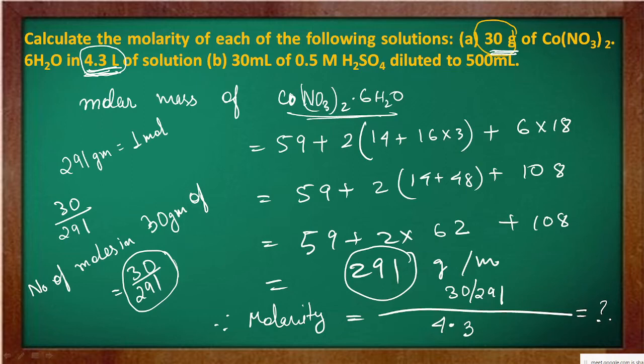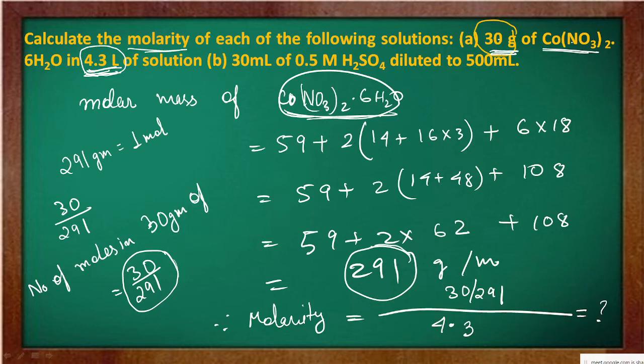Once again I am telling you, for calculating the molarity of this solution, cobalt nitrate, if we mix 30 gram in 4.3 liter of water, it is asked what will be the molarity. First of all we have to calculate the molar mass, putting the atomic mass of each of them.